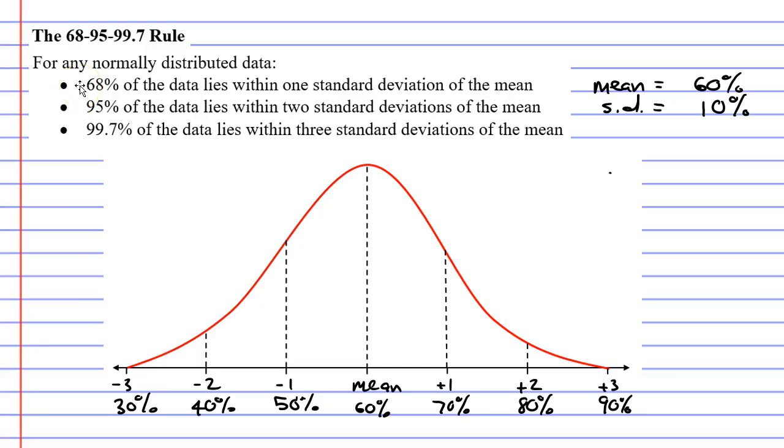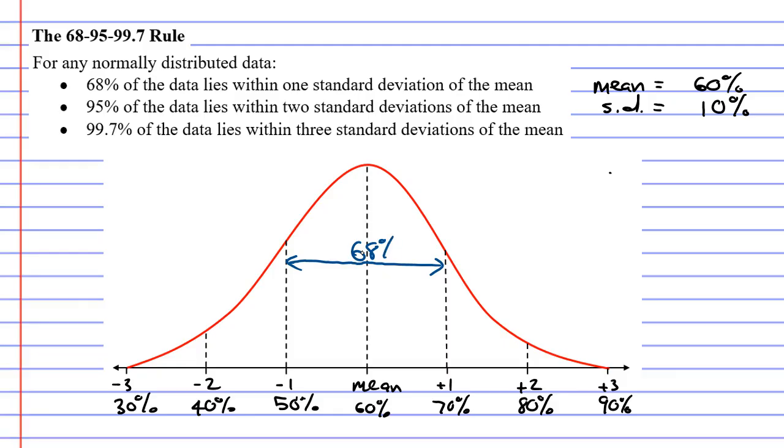Now is a good time to start making sense of these 3 dot points here. The first dot point says that 68% of the data lies within 1 standard deviation of the mean. Now, when we say 1 standard deviation, we mean between -1 and +1. Both of these intervals are 1 standard deviation away from the mean.